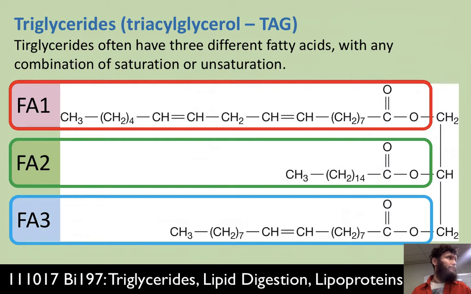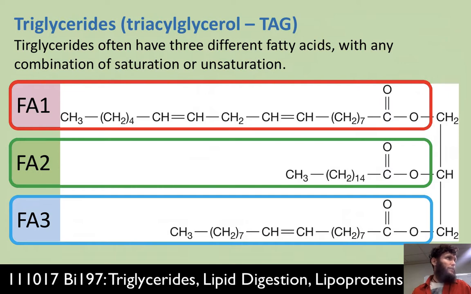So here's a triglyceride where there's 3 totally different chains on there. The first one, fatty acid 1, is a polyunsaturated fat. There's two double bonds in that chain.